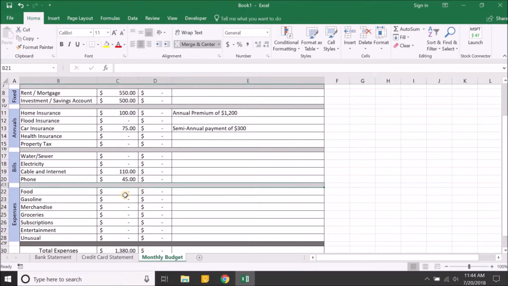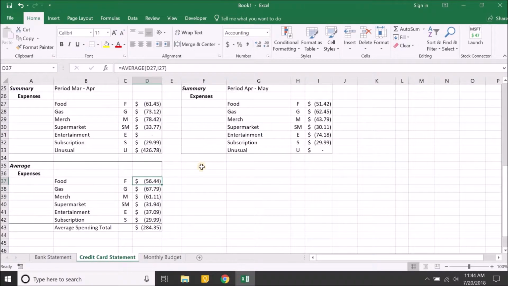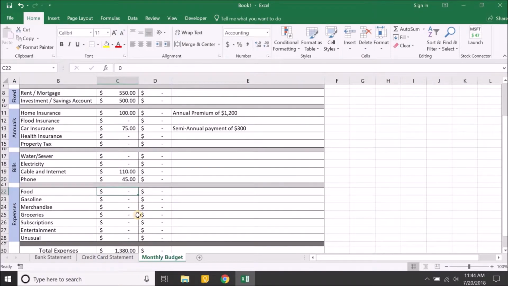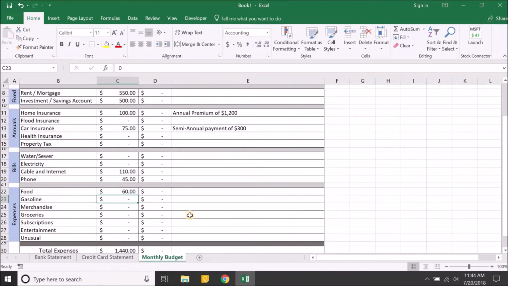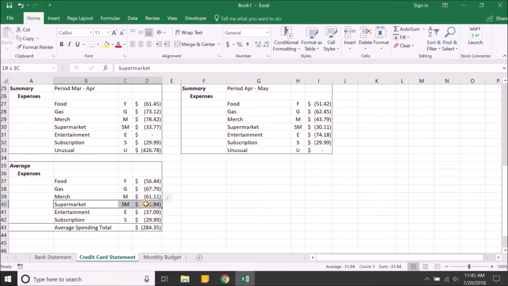So for food, from our previous 2 months, we averaged out about $60, so that's what we're going to put, 60. For gas, we averaged out about 70, right? And we're just going to keep going. So merchandise was 60, groceries was 32, and the 32, I'm getting that from supermarkets.